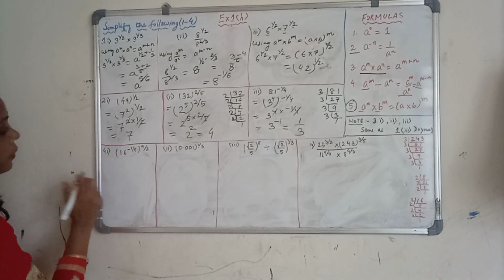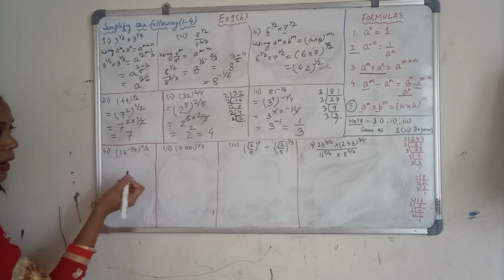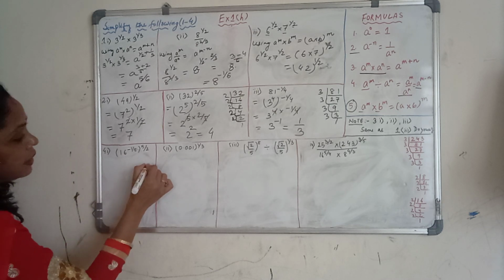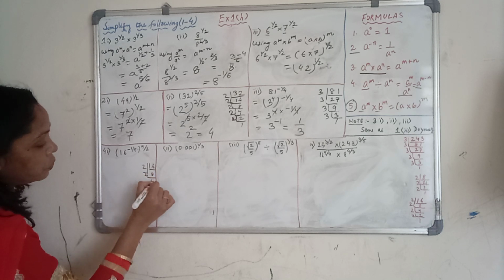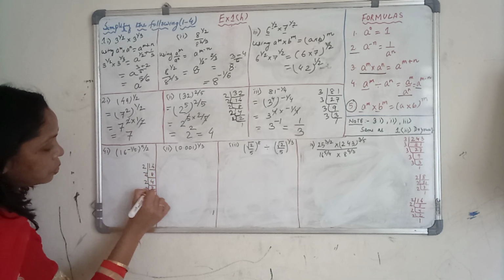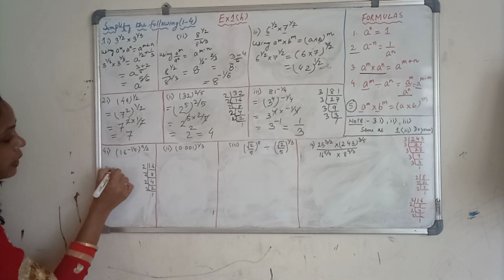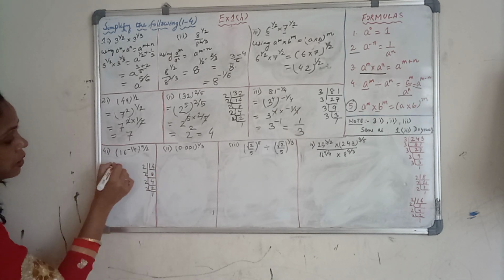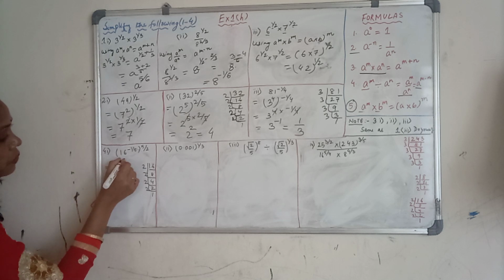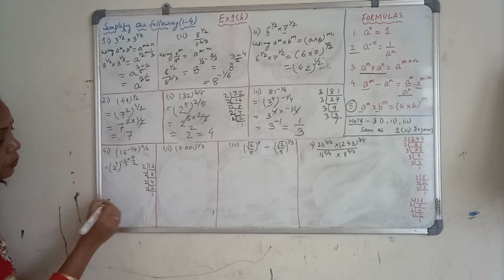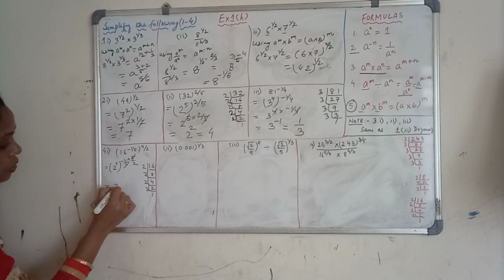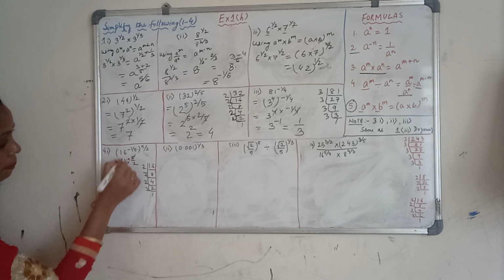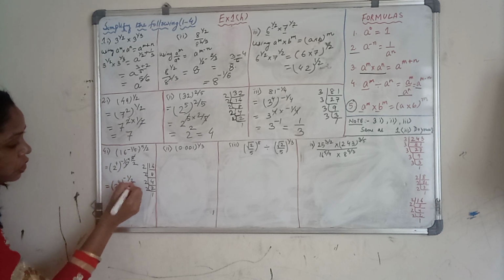Now question number 4. Do the prime factorization of 16. 16: 2, 8, 2, 4, 2, 2, 2, 1. So 16 we can write as 2, how many 2's? 4. This is 2 power 4, with power minus 1 by 2.